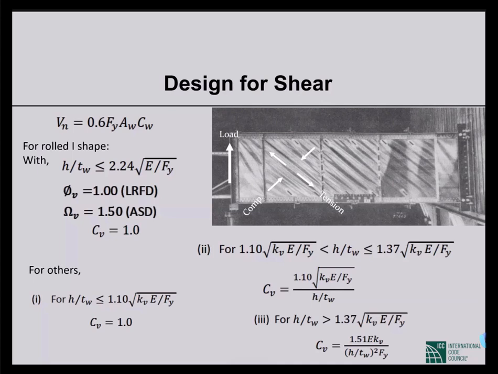So 0.6 Fy is actually the yield stress for shear. And then you have the web area, and there you have, this is wrong. This is wrong even in the code in BNBC. It is shown as CW. It should have been CV, because later CV is mentioned everywhere.